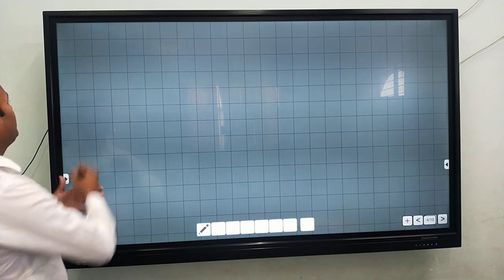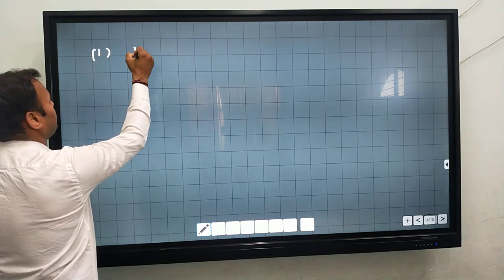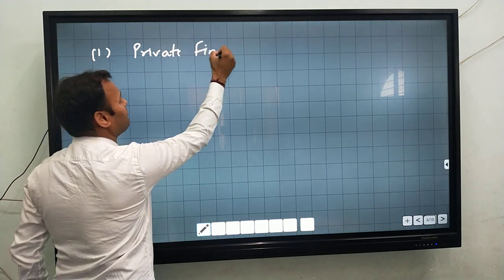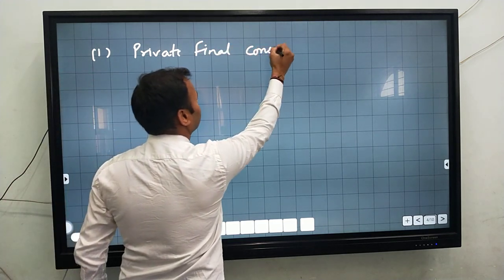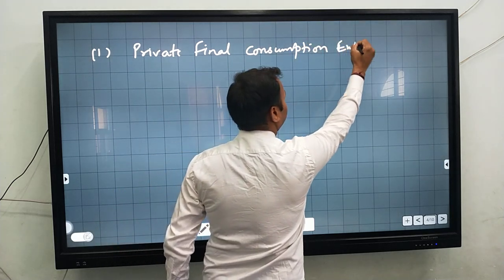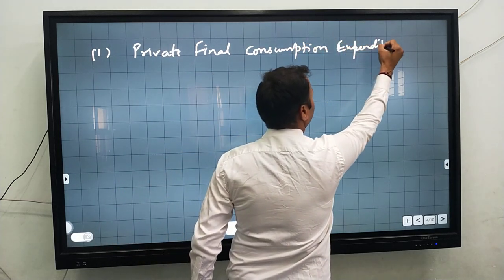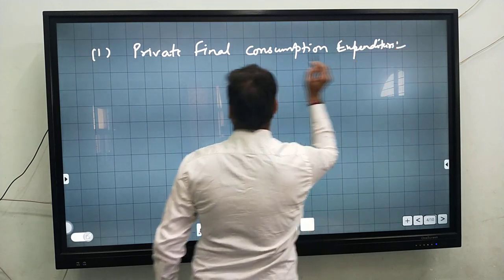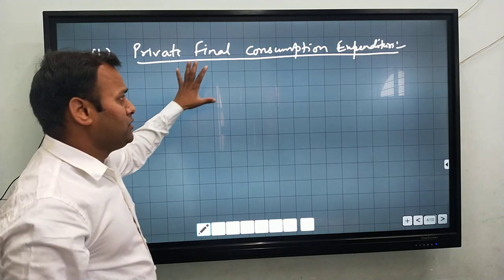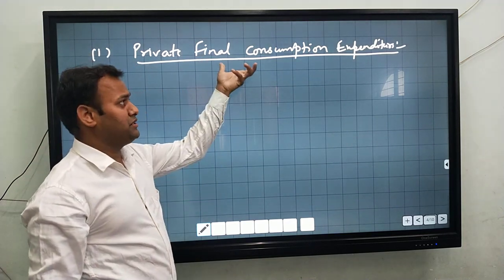Okay, so first is private final consumption expenditure. Okay, so what is the meaning of the private final consumption expenditure?